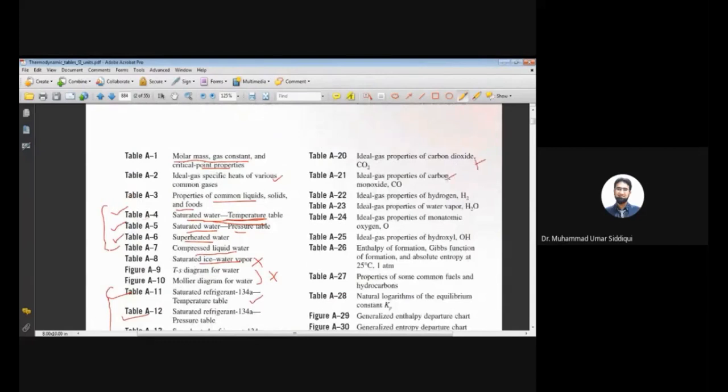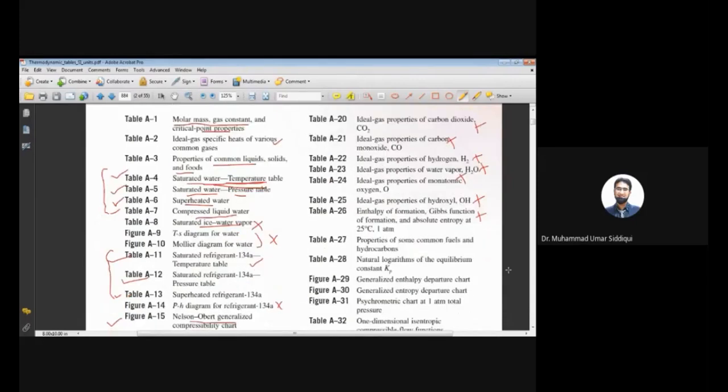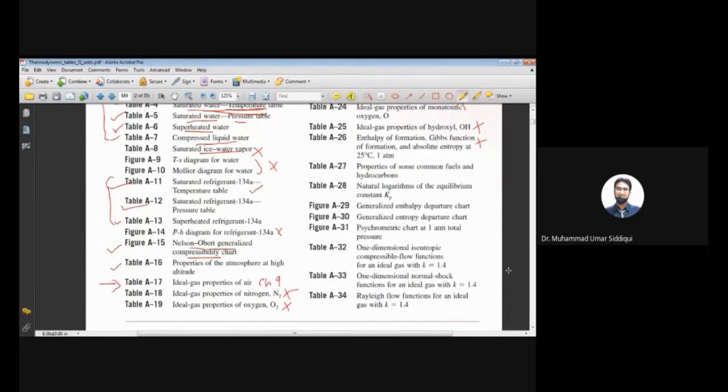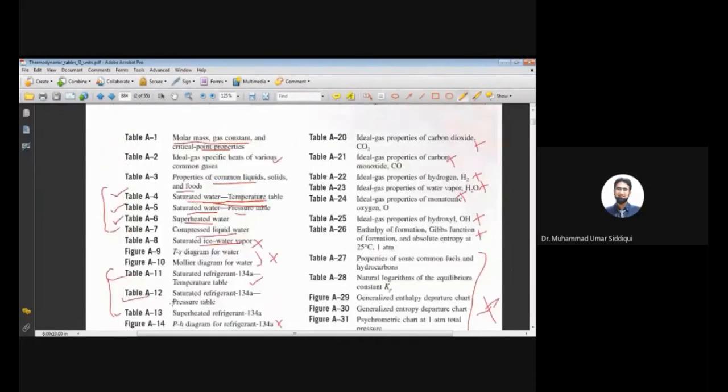Carbon dioxide, carbon monoxide, hydrogen, water, atomic. Again, then enthalpy of formation, Gibbs function is also not important for us. So anyway, I think after this, there is nothing else important. So this whole part is not important.